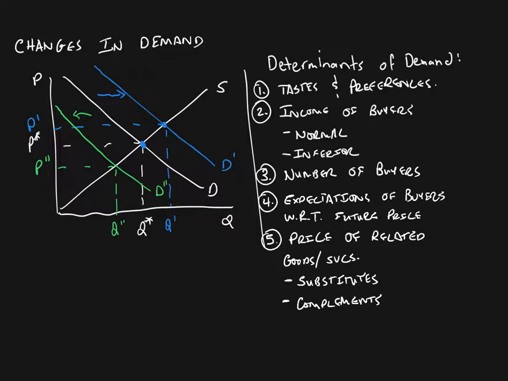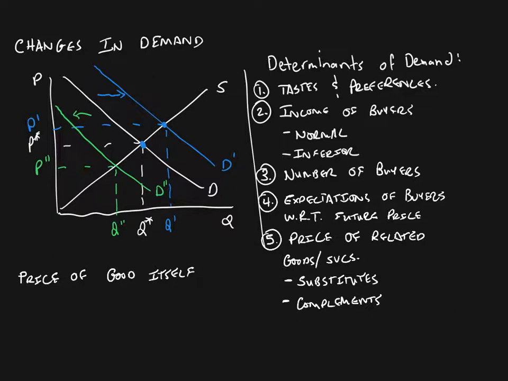So price of good itself does not cause a change in the demand curve. It doesn't determine where the demand curve sits. And the reason for that is because price is already graphed on the vertical axis.